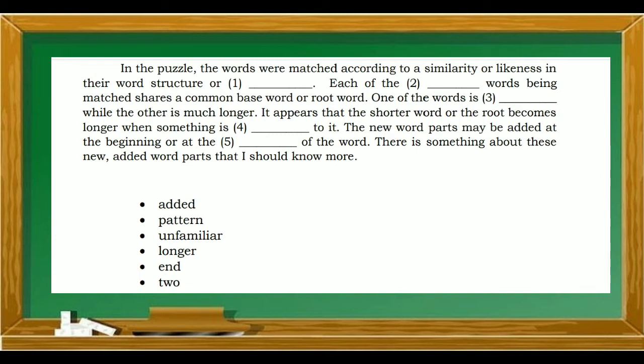One of the words is blank, while the other is much longer. It appears that the shorter word or the root becomes longer when something is blank to it. The new word parts may be added at the beginning or at the blank part of the word. There is something about these new added words that I should know more.